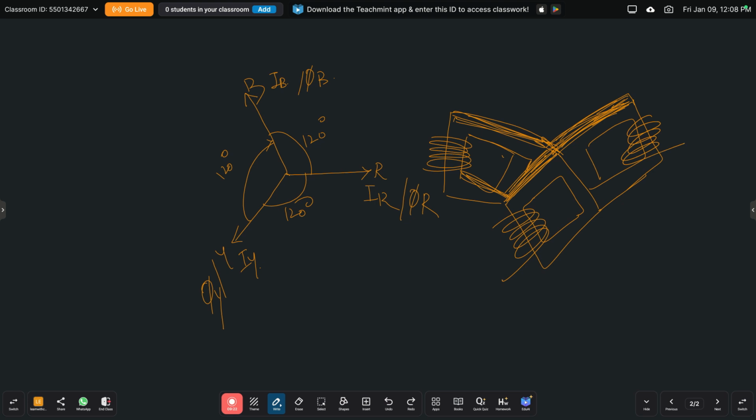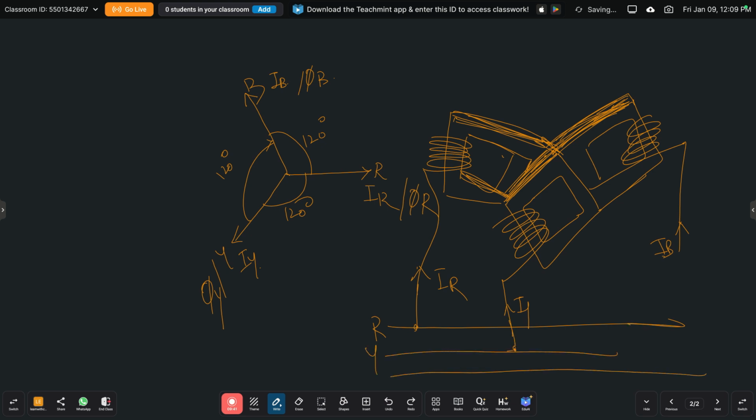Based on that, this is IY, this is IB, and here I am going to represent IR. In the three phase system, I represent R, here Y, and here B. This is the star type of connection here. It will go on connecting like this, and from this I am going to connect this.